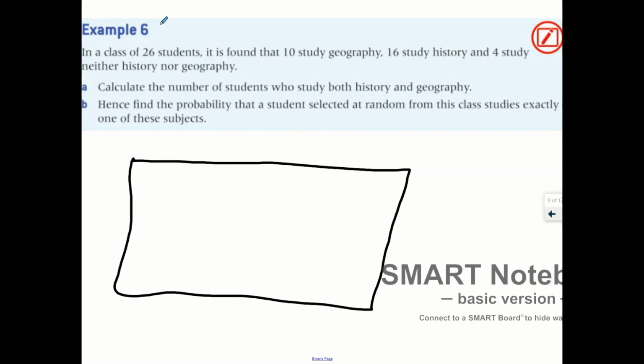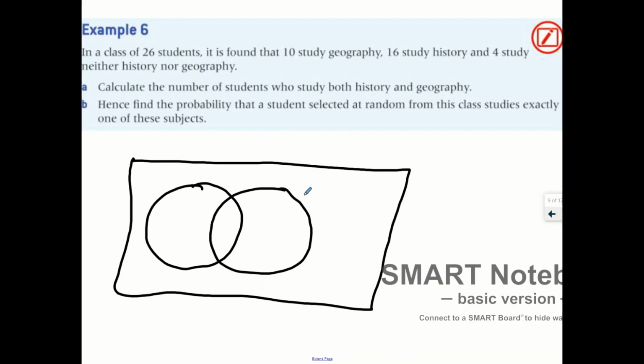We've got 26 students and we've got geography and history. So we're going to have 2 circles and there'll be some sort of overlap. So 10 study geography, 16 study history, and 4 don't study anything. So we've got 4 on the outside.